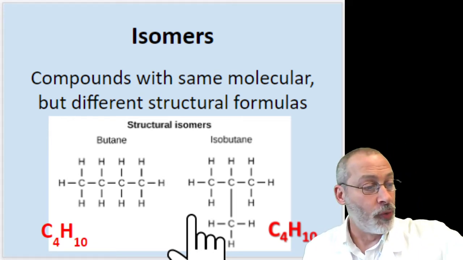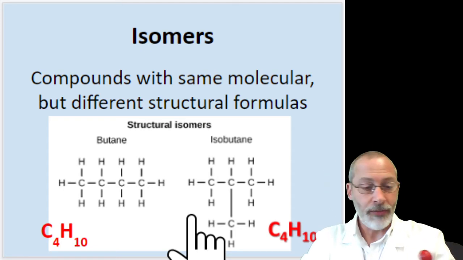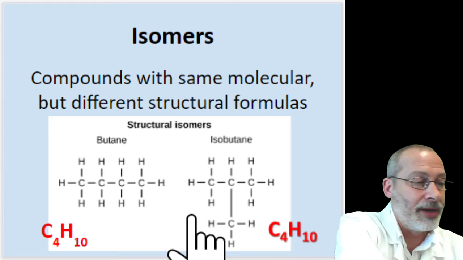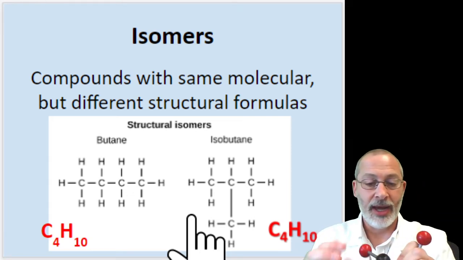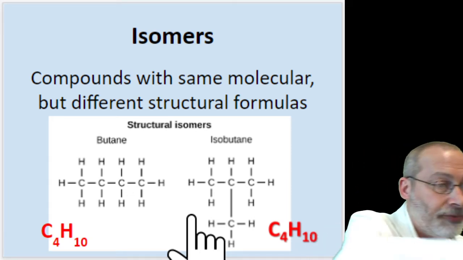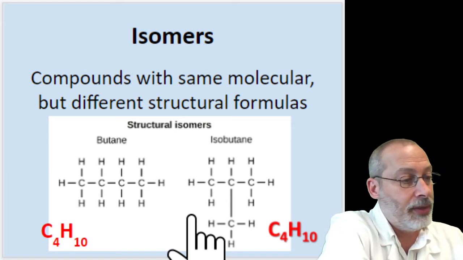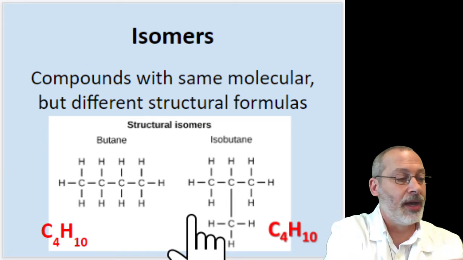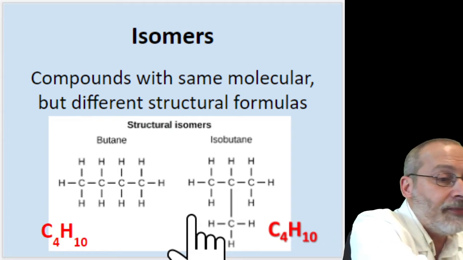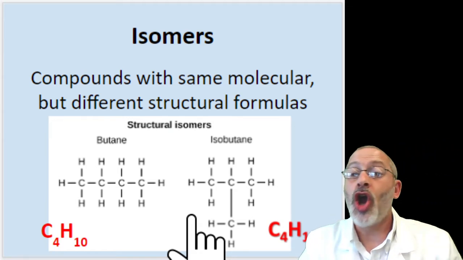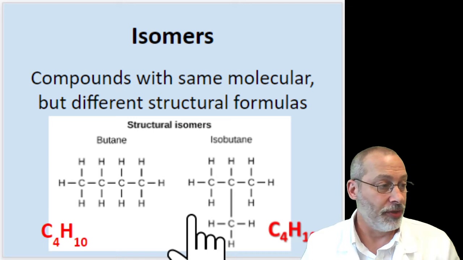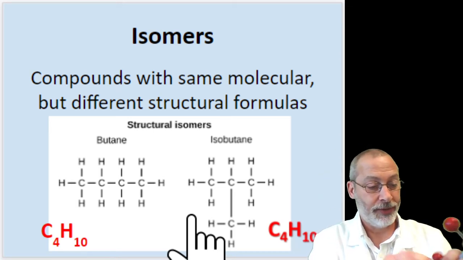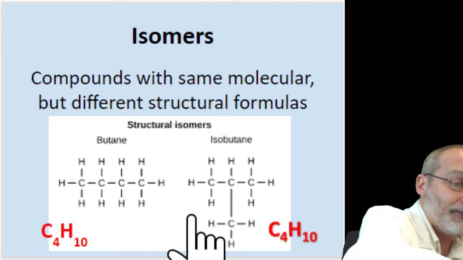Let me build for you butane. I'm going to use some of my models here, and I am going to model for you butane. Now, as I make a model of butane, how many carbon atoms are there in butane? But. It's a real but.